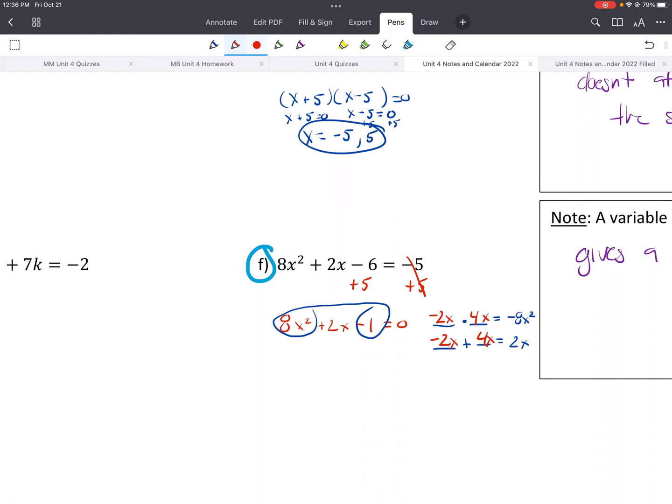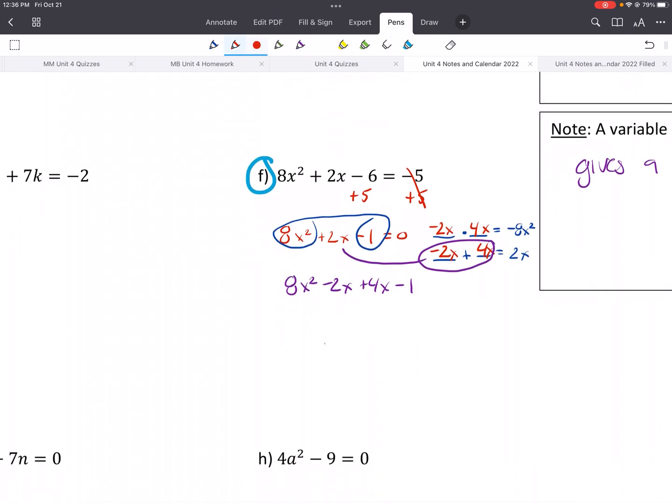Okay. All right, and then just a reminder, we are doing substitution. We get 8x squared minus 2x plus 4x minus 1, and then we could use the box. So we've got, and again, a lot of you will just go straight from here to the box, which is just great.